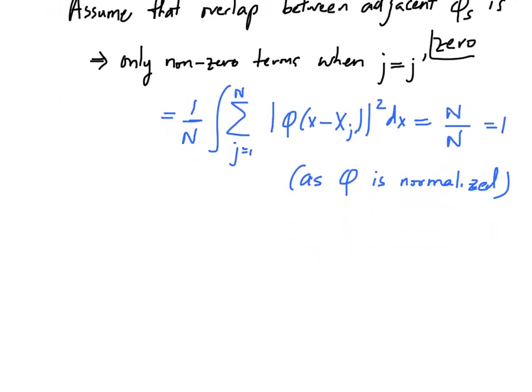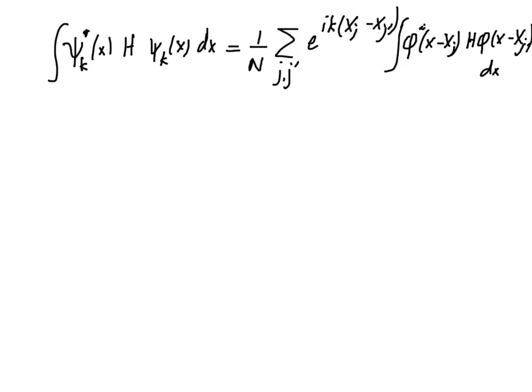Let me give myself a little room. That's the integral we wish to evaluate, and it works out to be the following. So there it is. All we have done is we started off with this integral, and we stuck in the expression for our wave function as prescribed within our tight binding situation, and we get this somewhat biggish looking expression.